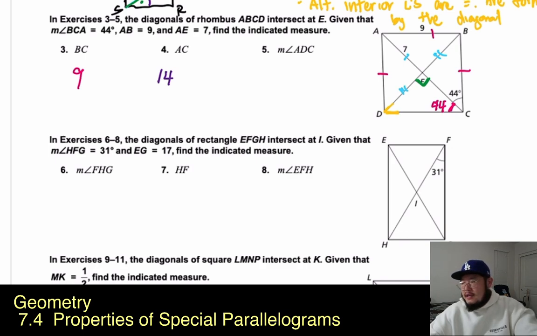So once again, if the diagonals bisect, then I can now figure out that angle ADB right here, or ADC. This is 46. That makes this right there 46. And that will give me a grand total of 92 degrees for angle ADC.